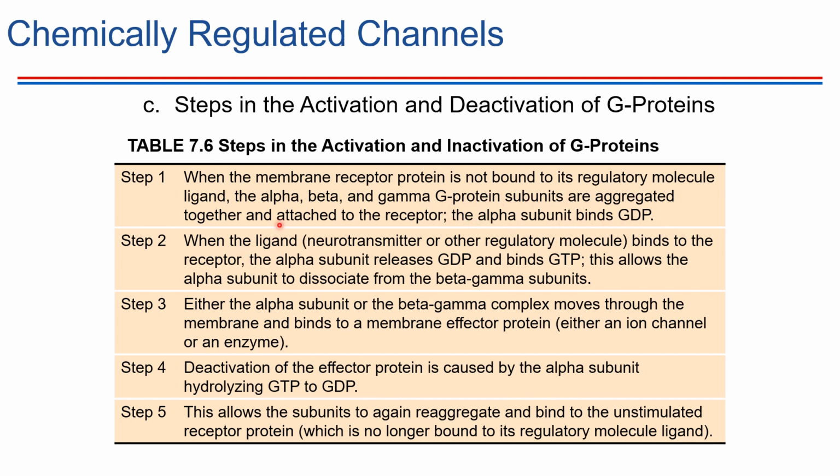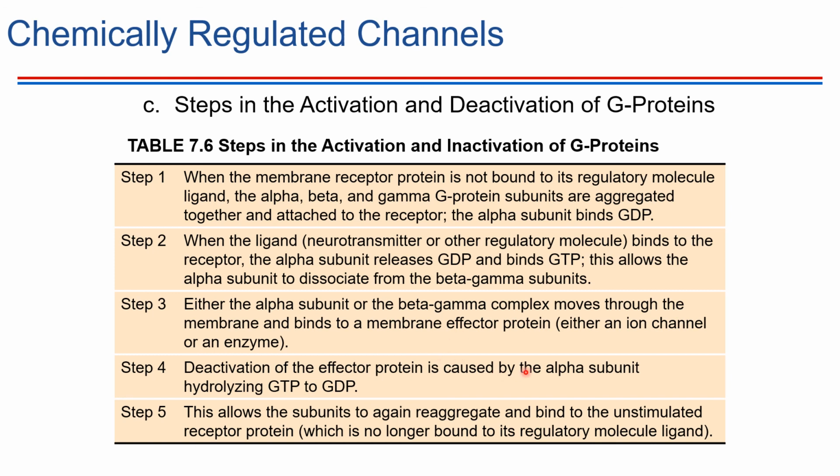But when the ligand binds to that regulatory protein molecule, the alpha subunit is going to let go of that GDP and bind a new GTP. This allows the alpha to separate from the beta gamma complex. Then either the alpha goes over to adenylyl cyclase and starts the whole cyclic AMP process, or the beta gamma complex goes to another ion channel. They're both going to either stimulate or open or close that channel, depending on that channel and where it is.